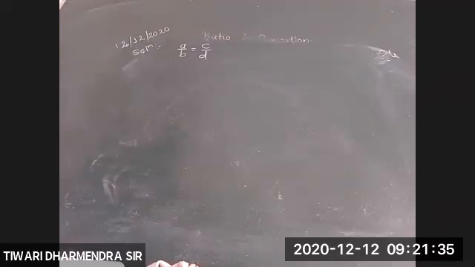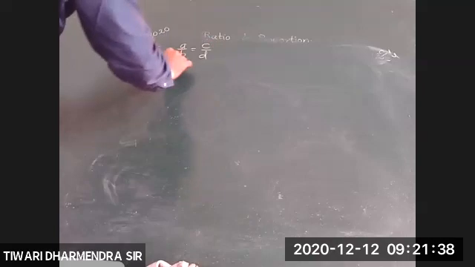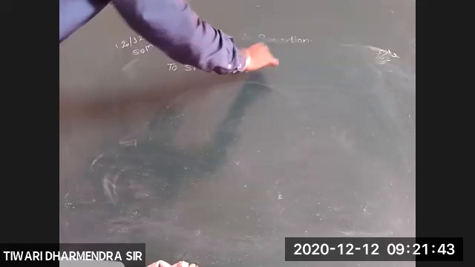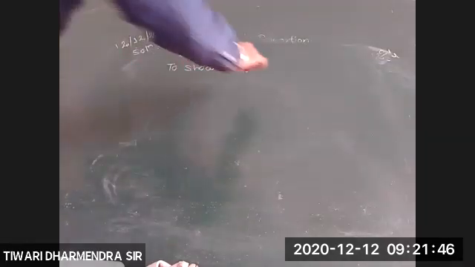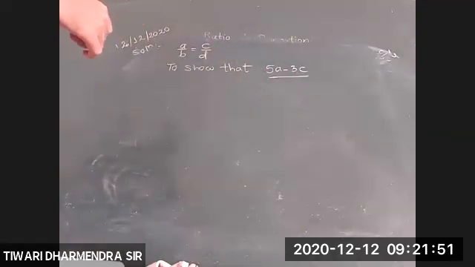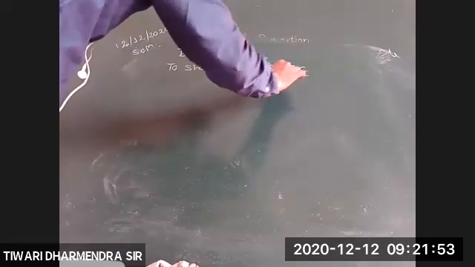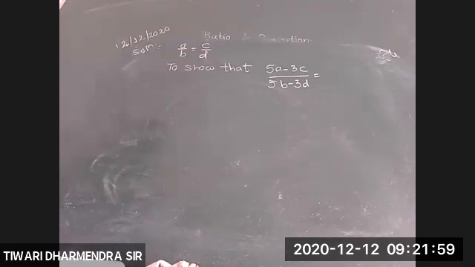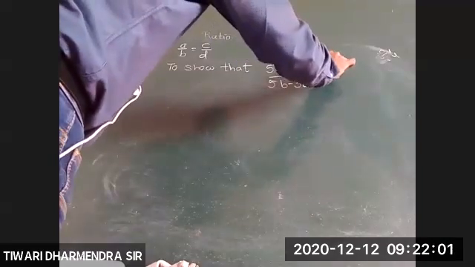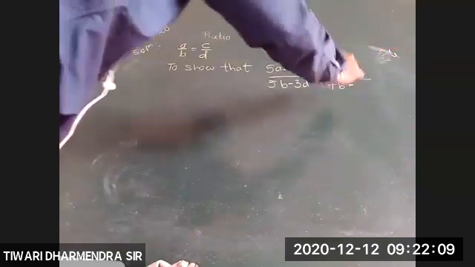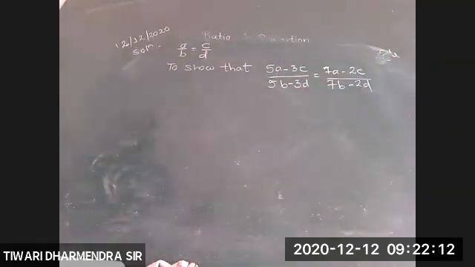They are asking us to show that 5a minus 3c divided by 5b minus 3d is equal to 7a minus 2c divided by 7b minus 2d.